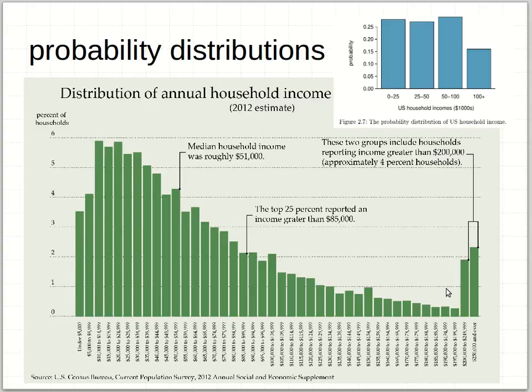The tail is out to the right. Okay, so if you graph this very differently, like the one in the book, in simply 4 columns, where this adds up to $100,000 plus and only 4 other columns below, you might think that those are fairly even. But if you stack it up in much finer bars, you see that, of course, it's not that even. The median household income is about $51,000.